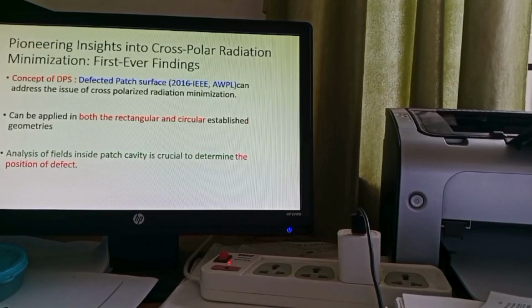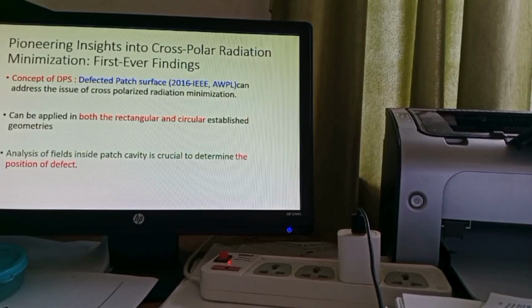Pioneering insight into the cross-polar radiation minimization, first-ever findings, this is the title of this slide. And here the cross-polar radiation is the unwanted radiation, which is not at all serving our purpose. Instead, copolar radiation is very important.